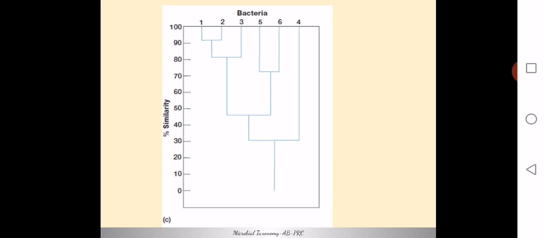So this is called a dendrogram, which depicts the relationships of organisms based on the values provided in the similarity matrix, and that value is obtained by calculating the association coefficients, which are calculated based on the similarity between organisms in terms of their characters.